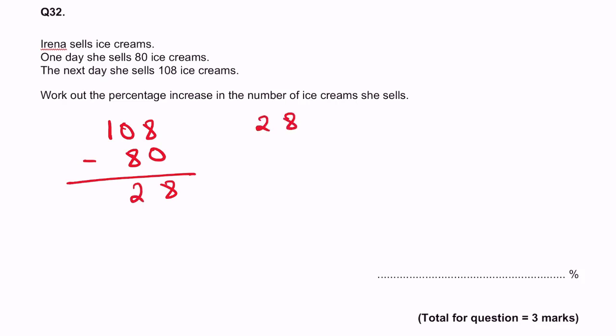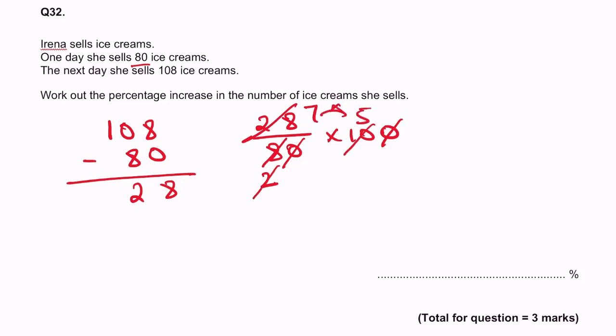Divide 28 by the original amount, which is 80, and times this by 100, and that will give us the percentage increase. So change divided by original amount, which is 80 the first day, and then times by 100. Divide by 10, divided by 4, and then 2 goes into 10 5 times, so 5 times 7, which is 35%. That's the answer.